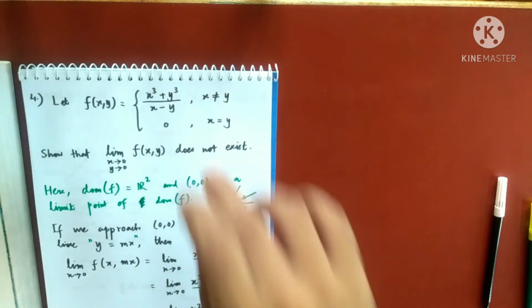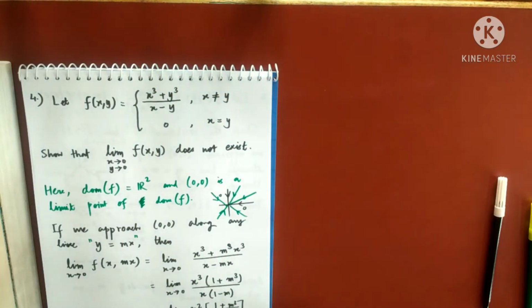So I will choose a third degree polynomial this time, like y is something containing x cube. Try to understand my point very carefully. So y is suppose x cube.